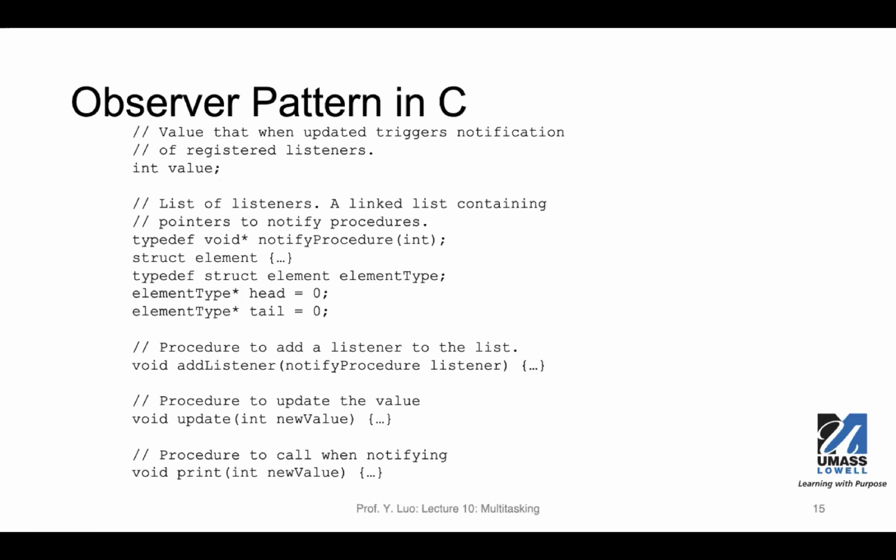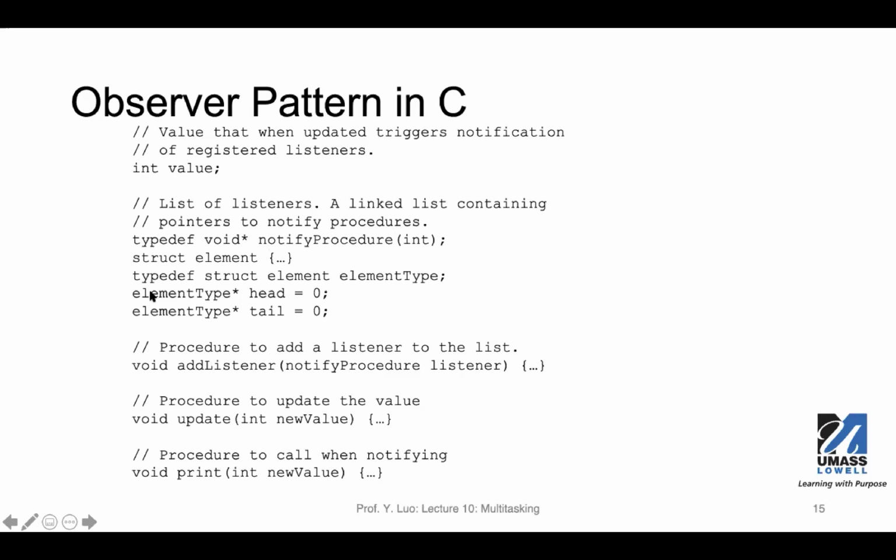Listeners, you can think about it, is a list of pointers to notification procedures, or pointers to functions. And we define this notify procedure as a function that returns a void type pointer and takes one argument, an integer.